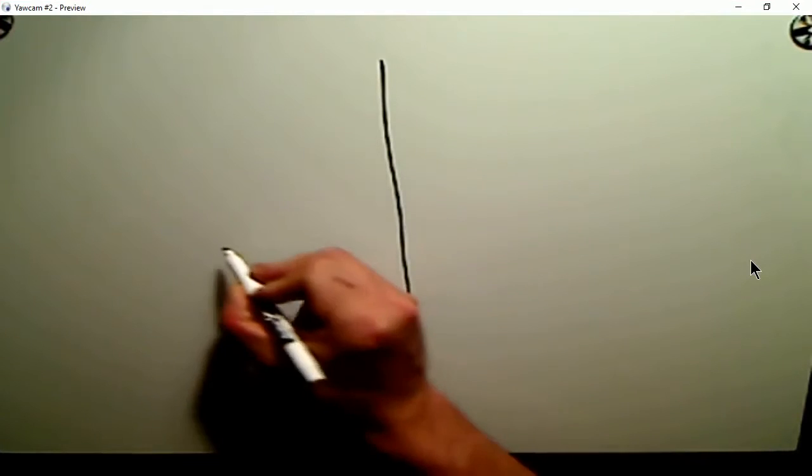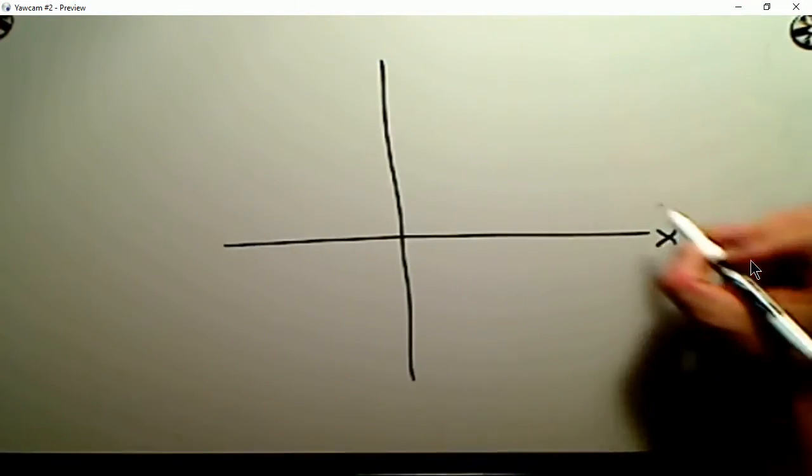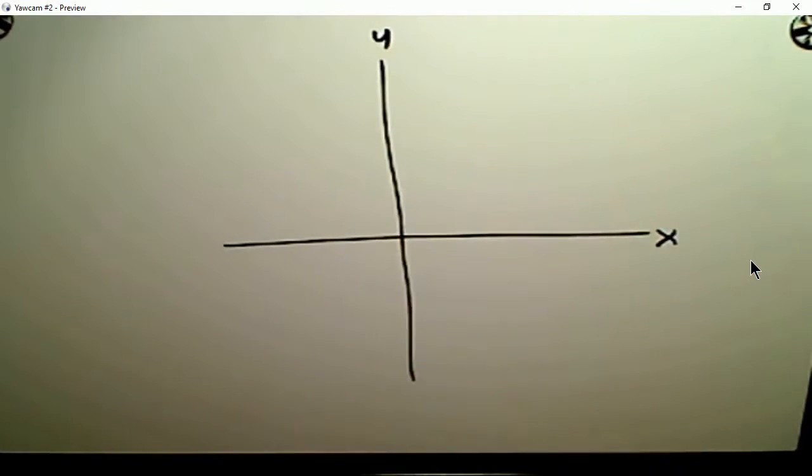Just a brief outline of where we're coming from. You should all know what I'm doing here in terms of the Cartesian coordinates. I'm going to just talk about x and y for now, and we could talk about z coming in and out of the board as well.